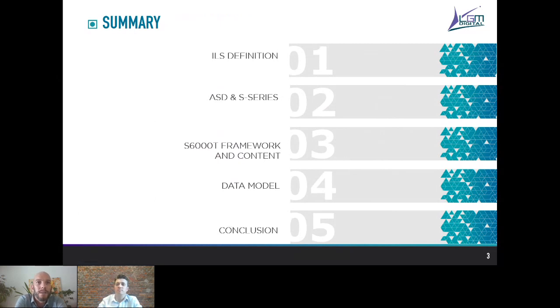Then we will talk about the ASD and the translation of what ILS is across the S series. Then Gilles will present what the S6000T is, the object of this meeting, and I will follow with a quick overview of what the common data model is and what the data model in the S series is. And we will conclude with a small example, and we will answer your questions.